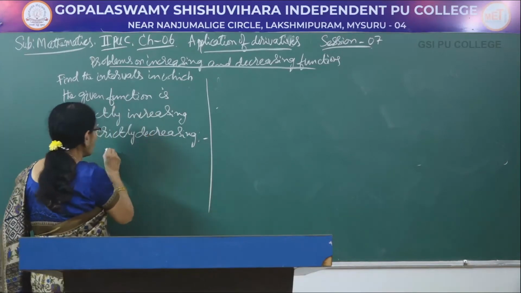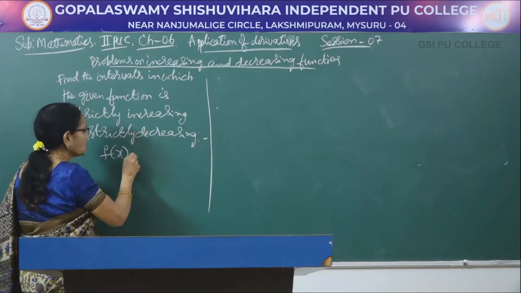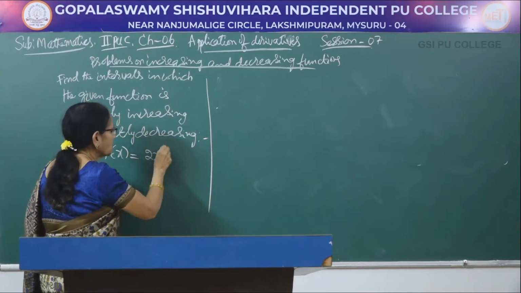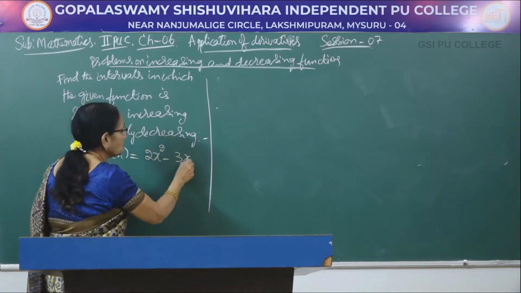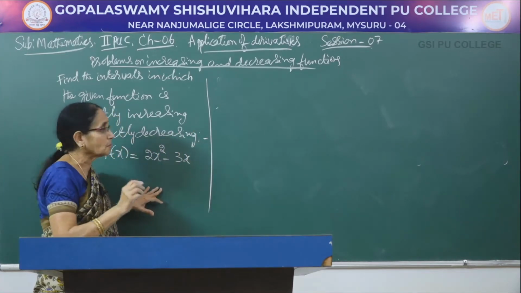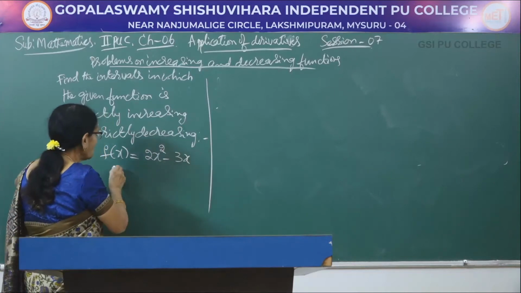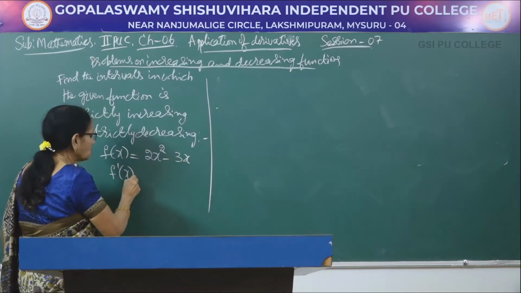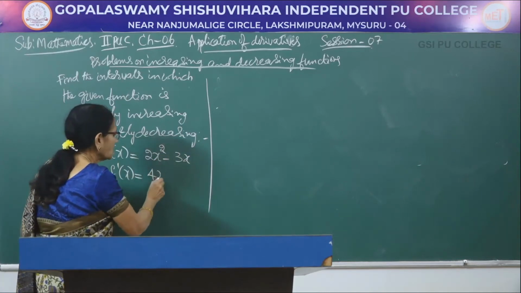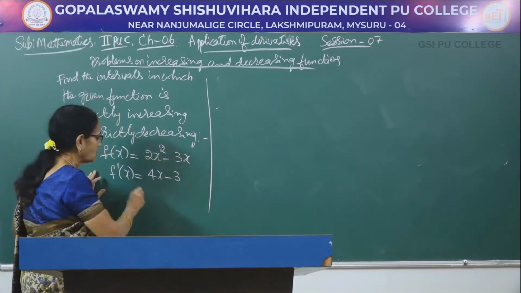The next function is f of x is equal to 2x square minus 3x. See, in the previous problem, the value of x was an integer. Now let me differentiate. f dash x is 2 into x square becomes 2x, that is 4x minus 3.